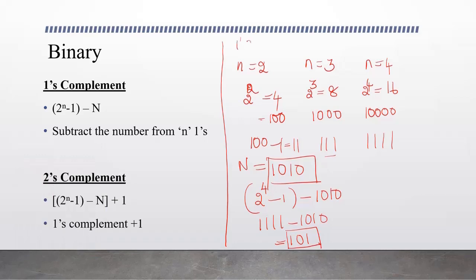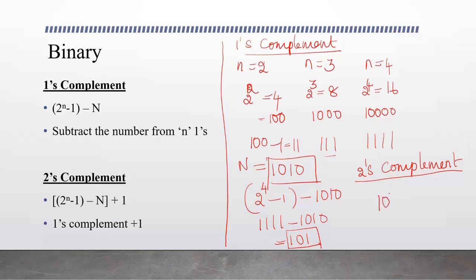This is the ones complement. And to find the twos complement, we do the same thing, 2 power n minus 1 minus n plus 1. So we take the ones complement and add 1 to it. Ones complement of the given number is 101 plus 1.